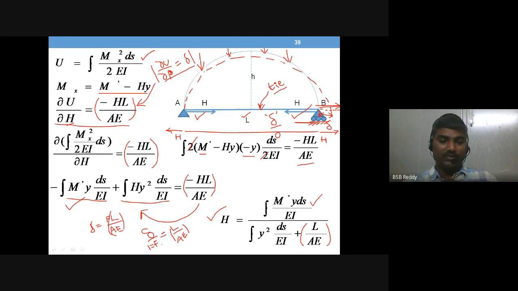So when you apply a unit force, the deformation is equal to L by AE. This is what we call the flexibility value.